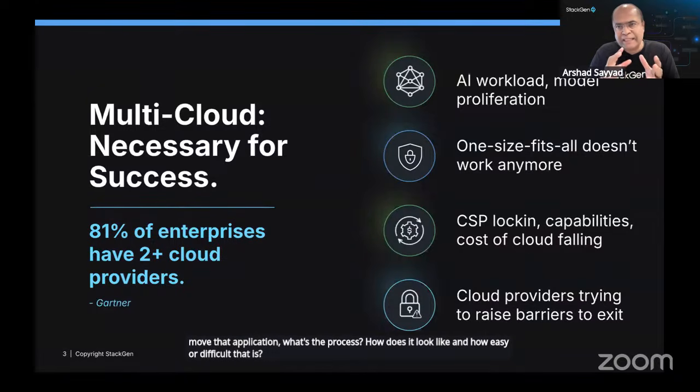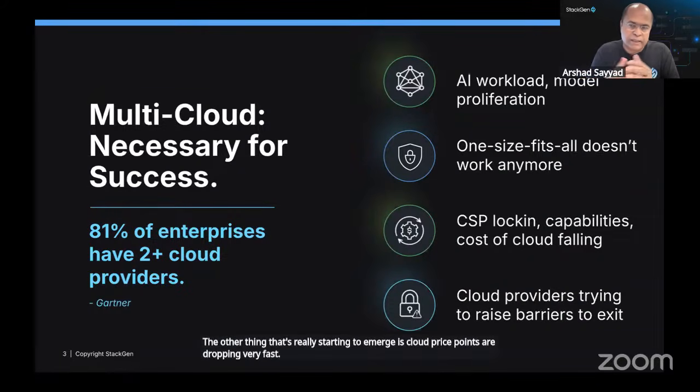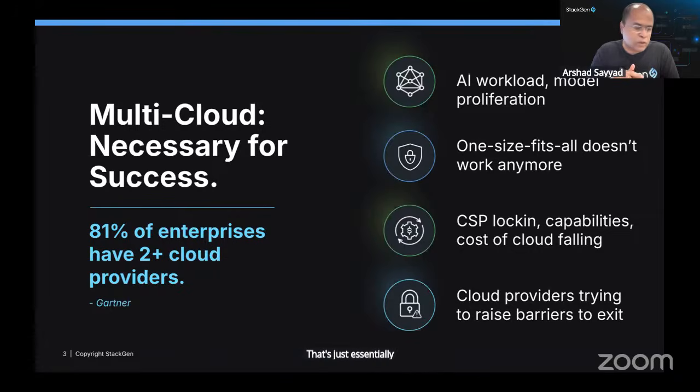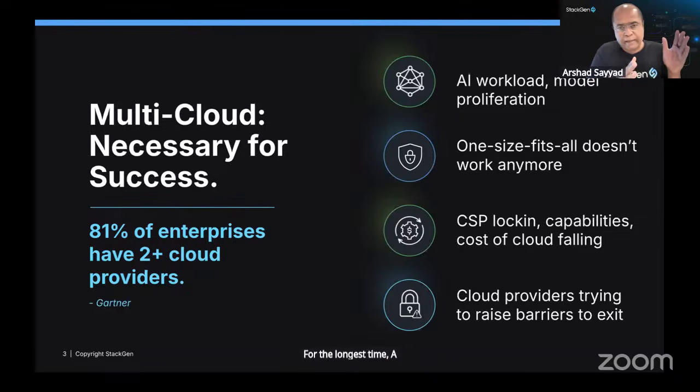The other thing that's really starting to emerge is that cloud price points are dropping very fast. That's essentially a combination of Moore's law and also the economies of scale that are kicking in. For the longest time, AWS was, and to some extent continues to be, the leader in the cloud space.